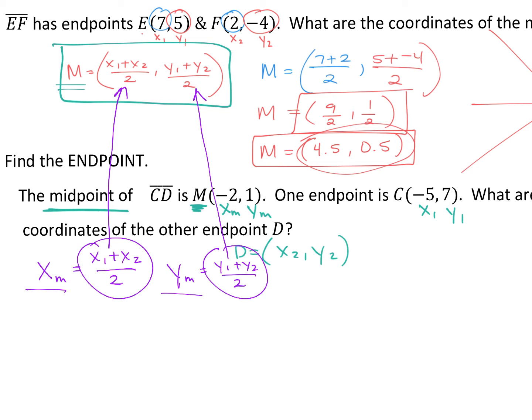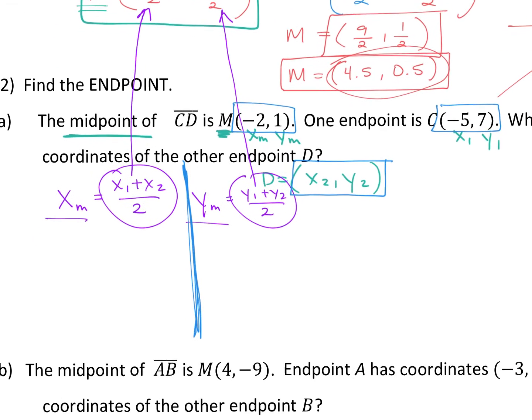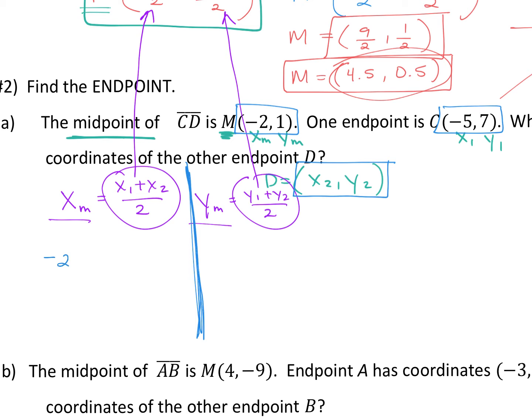So let's think through this. If my midpoint is -2, 1, my x1, y1 is -5, 7, and my second point, my other endpoint, is x2, y2, we're going to just focus on the x's for now. Okay, so I'm going to stick to the left here. My x midpoint is -2.